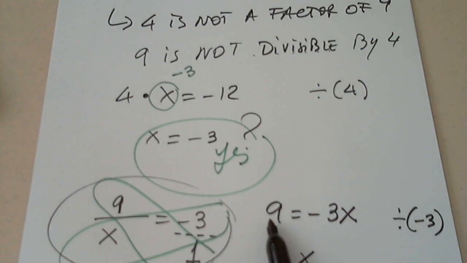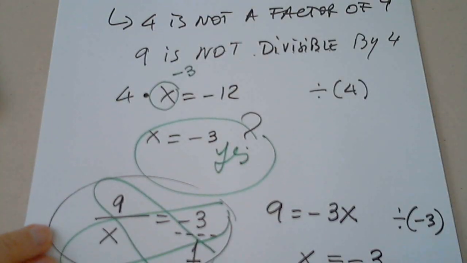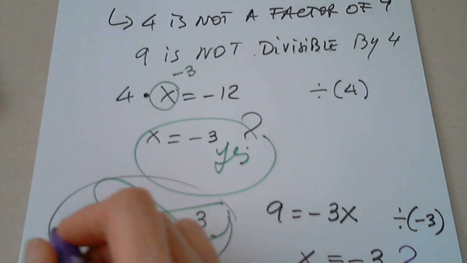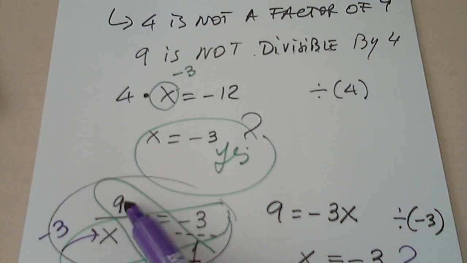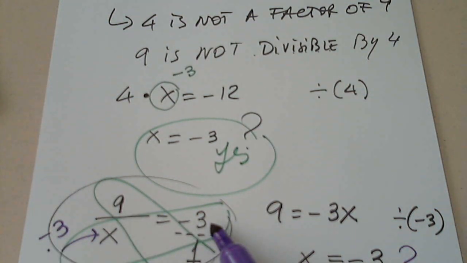Can anyone divide for us 9 by -3 and tell us what to write? -3. Good. Is this true? I have no idea. But I go back to the problem. I replace this by -3. Because 9 divided by -3 is -3, I will say yes.